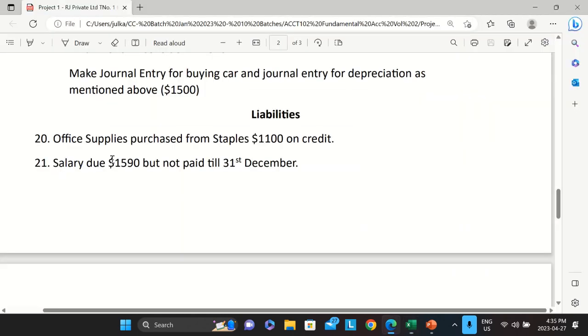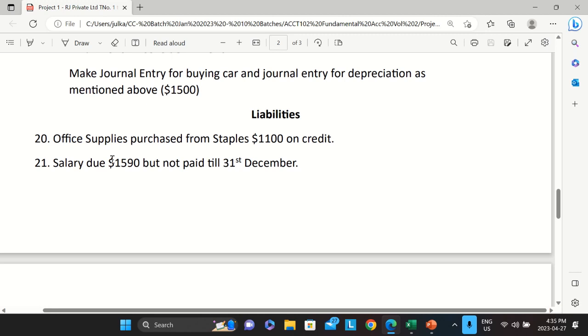Okay, so now we are going to start the 21st transaction. In the 21st transaction, you can see that salary is due, $1590, but not paid till 31st of December. It means that we will calculate the salary only for 1 year, from the 1st of January to 31st of December. This is the accounting period. All the transactions related to the business should be recorded.